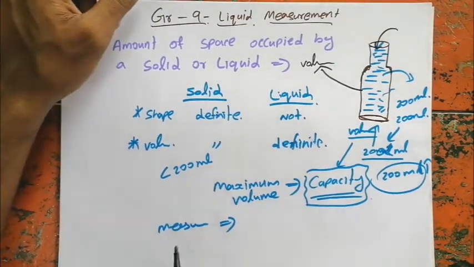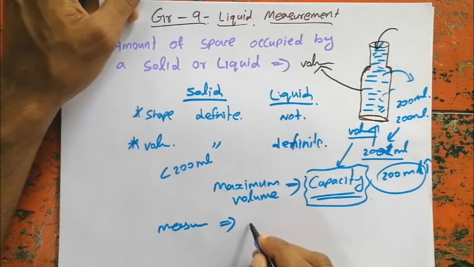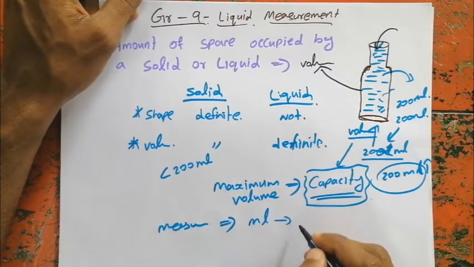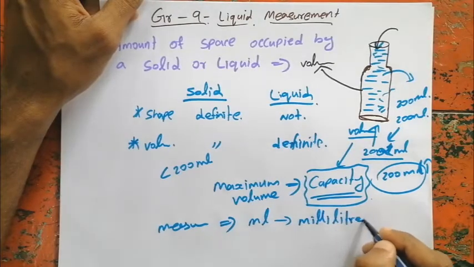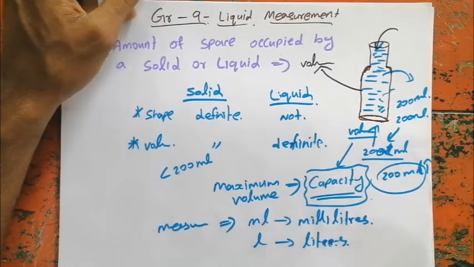Okay. Measuring capacity or measuring volume, we know a measuring unit, a small unit, called milliliters, and then the larger unit we call liters.